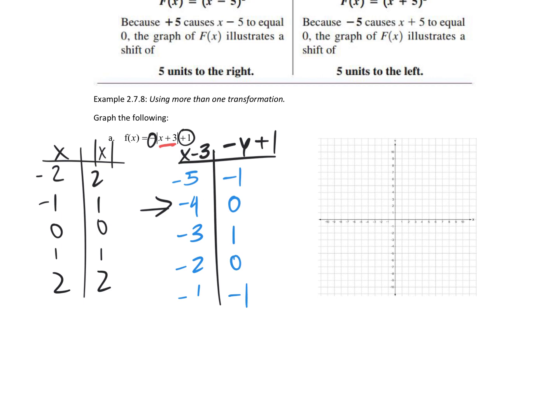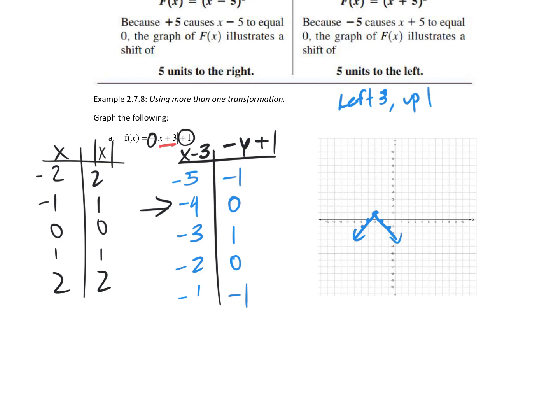And so if we graph this, you're going to see, kind of interestingly, this point is actually at here, and we kind of get something like this. So it has a few transformations on it. First, it's been moved left 3. It's also been moved up 1.